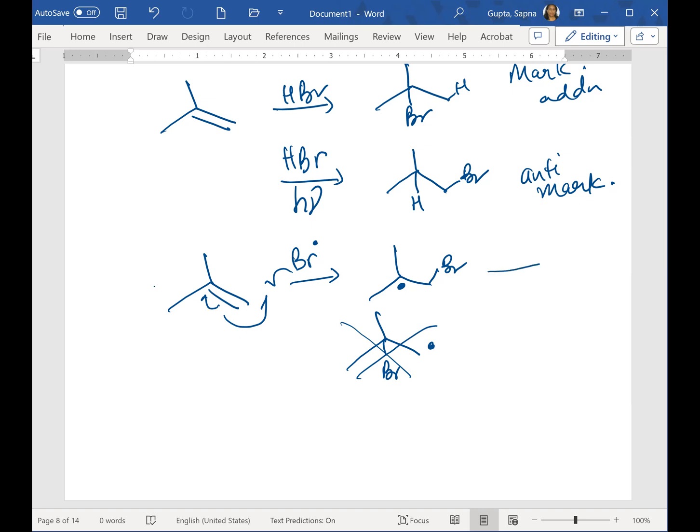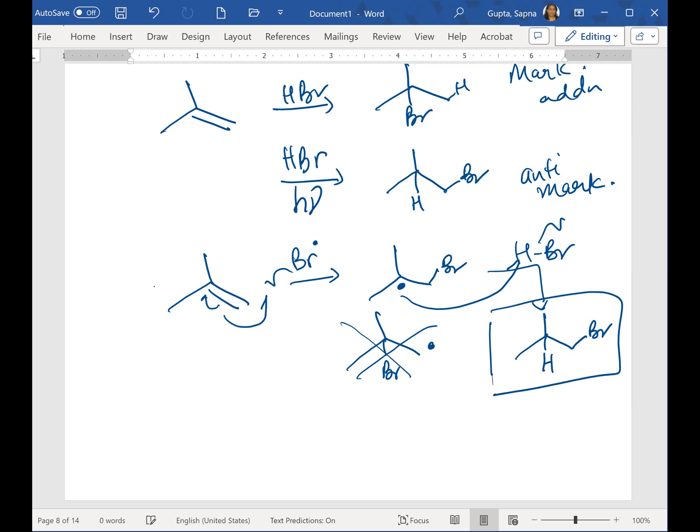Now we can add HBr, and now the hydrogen will add to the radical right here. And that's how you get the product. Again, if you don't remember the mechanism for this one, it's no big deal. I need you to remember the product that you will form. That's the main thing.